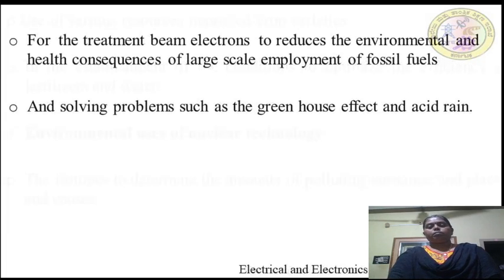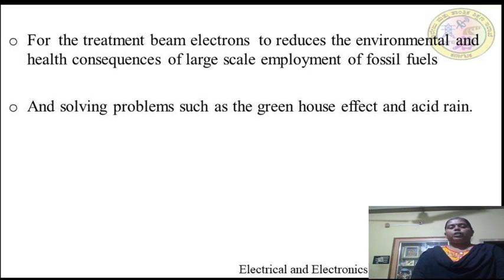And also in the field of environment, nuclear technology is used for the treatment with electron beams to reduce the environmental and health consequences of the large scale employment of fossil fuels.